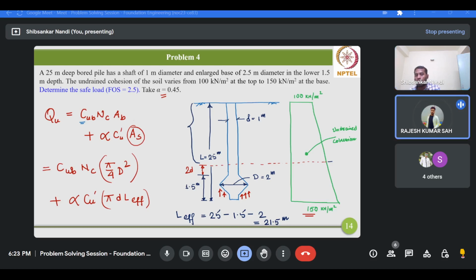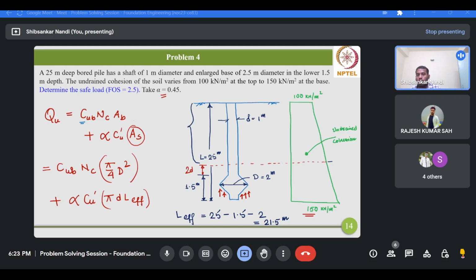Yes, sir. And how do you get this point as 2D? This is from the literature. We are taking the reference of literature.